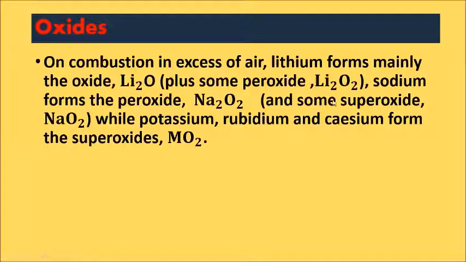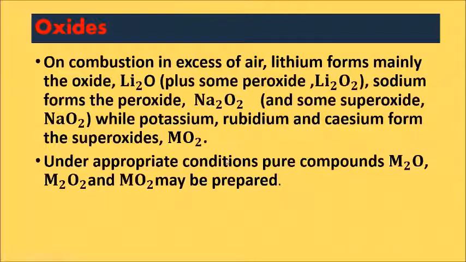Along with that, sometimes it can give you the peroxide Li2O2. Sodium forms the peroxide Na2O2, but in some cases it forms superoxide also, that is NaO2. Potassium, rubidium and cesium form the superoxides in the form of MO2 only.